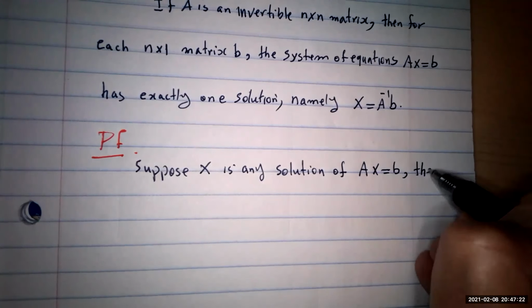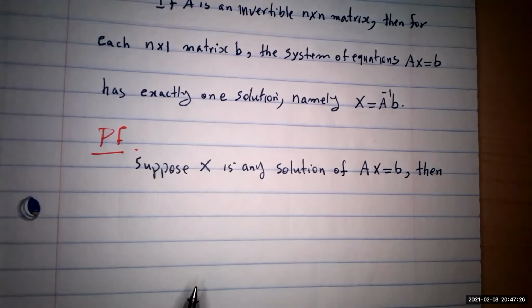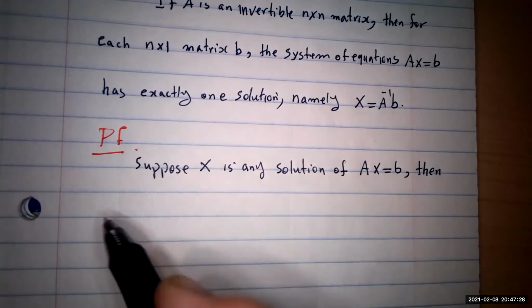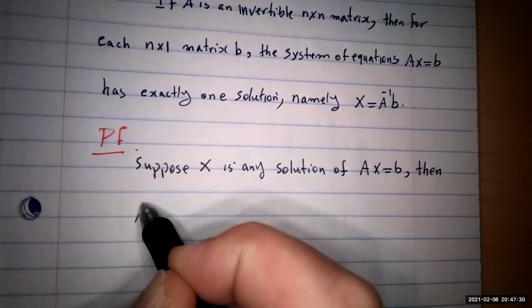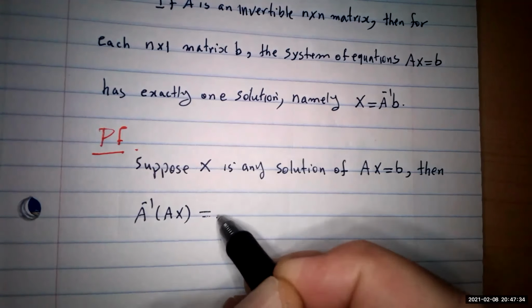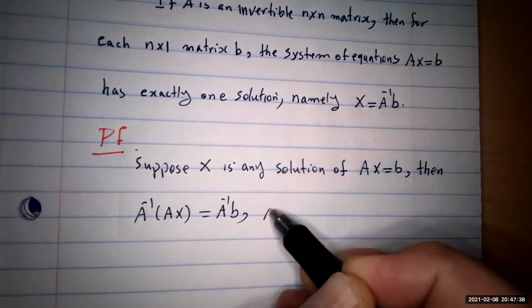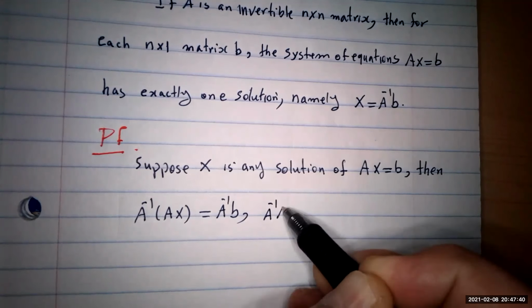Then, since A is invertible, in order to get X, we multiply both sides from the left by A inverse, because A is invertible. That gives you A inverse B. Then by the associative property, you can put these two together.